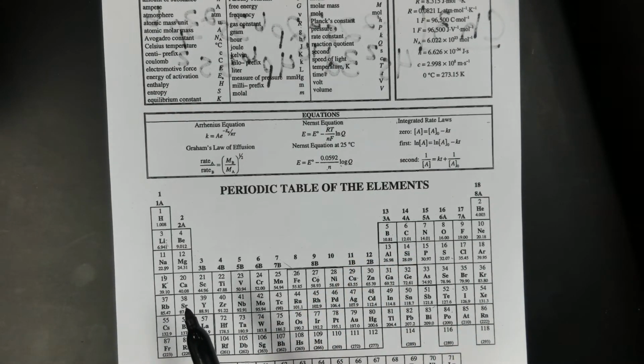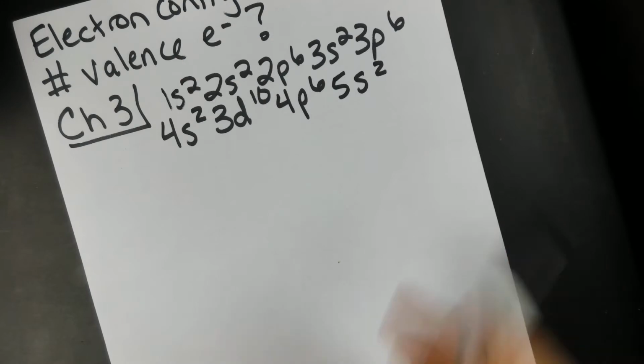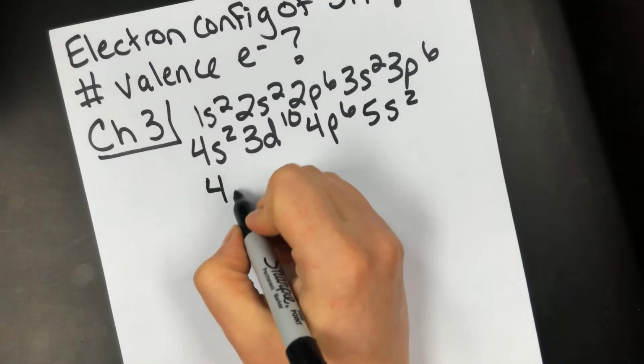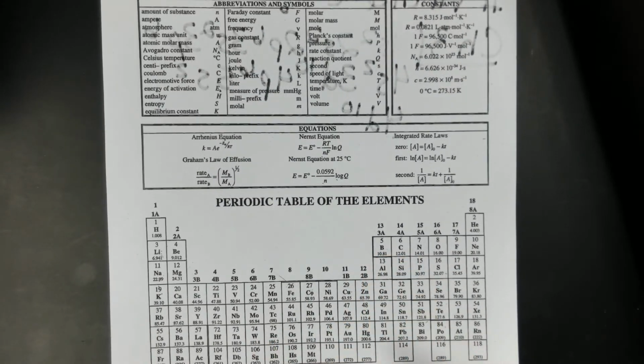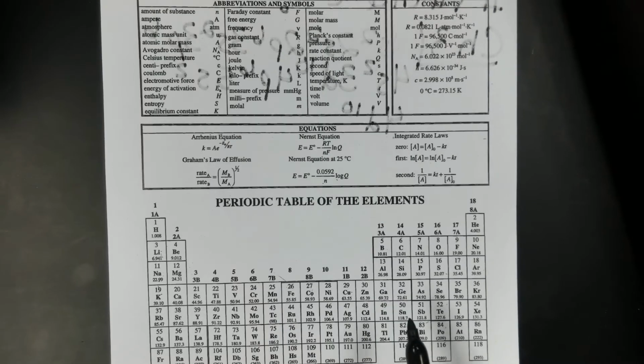So we're here, and then we go down to 4d, 1, 2, 3, 4, 5, 6, 7, 8, 9, 10. 4d10. So we're right here, and our last two steps are to Sn. So 1, 2.